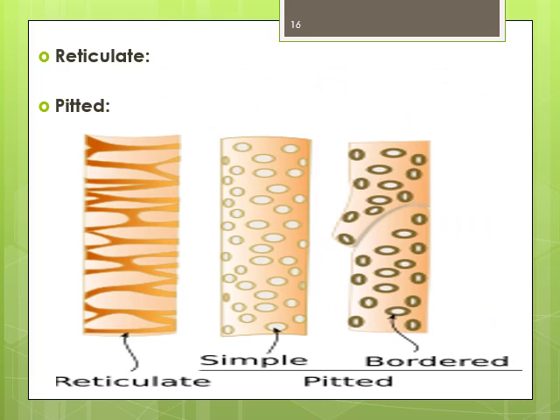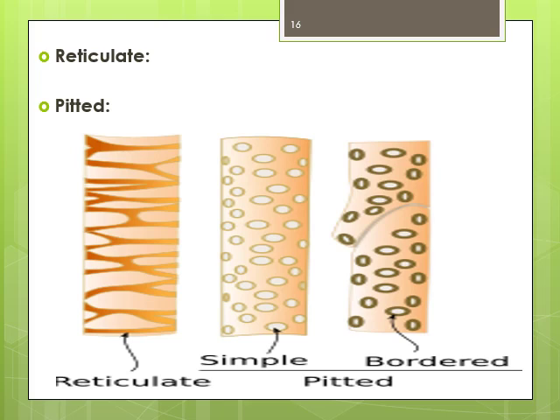Next, we have a secondary thickening that is reticulate. In this case, lignin thickenings form a network. The last one is pitted. In the secondary thickening referred to as pitted, the entire cell wall is thickened and it has only a few unthickened areas called pits.